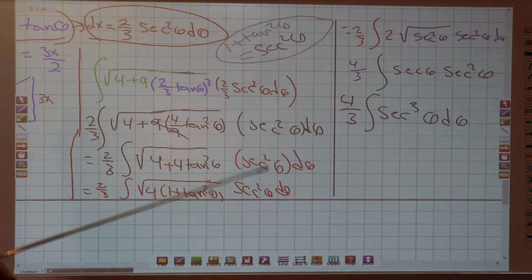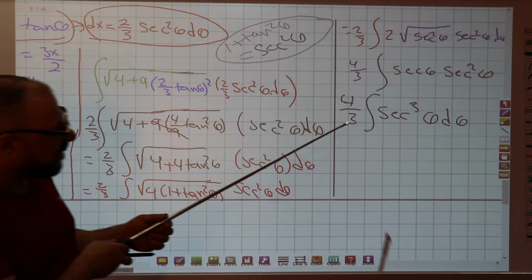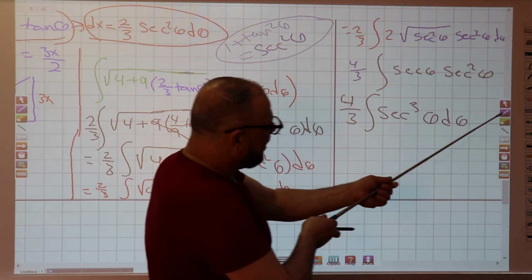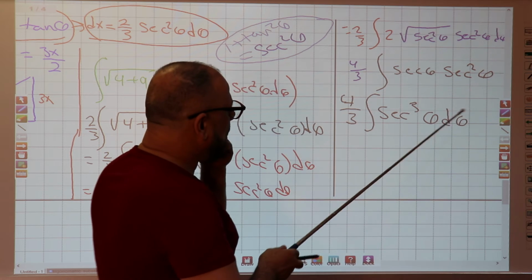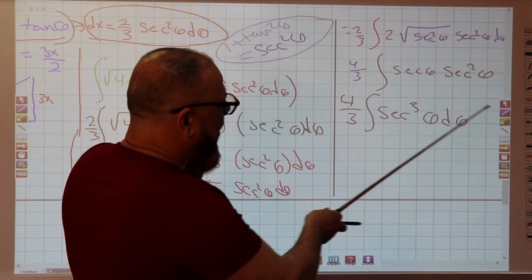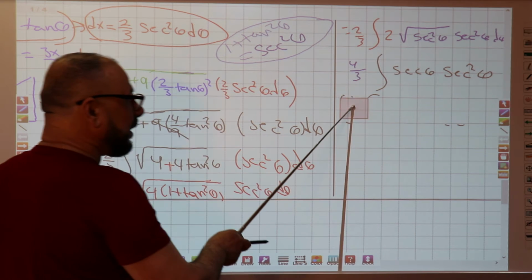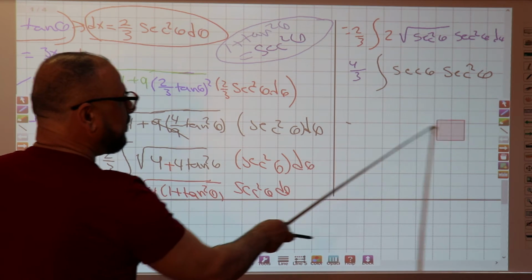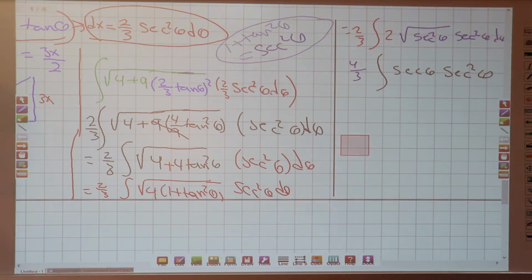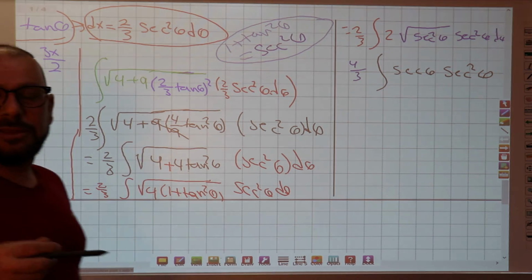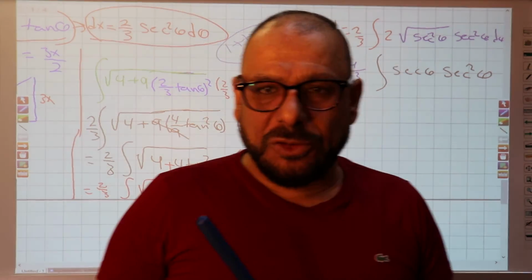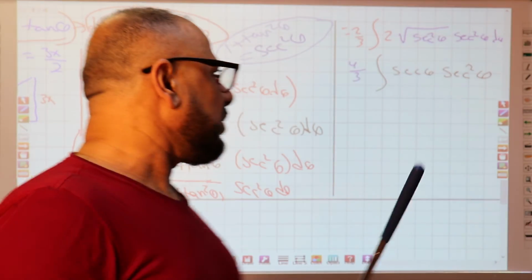Okay, how I solve secant squared and secant cube. I should not do this step, I'm gonna erase it. Let me just erase this step. I'm gonna show you here. I will explain in another YouTube video about the powers for sine and cosine and tan and cotangent.